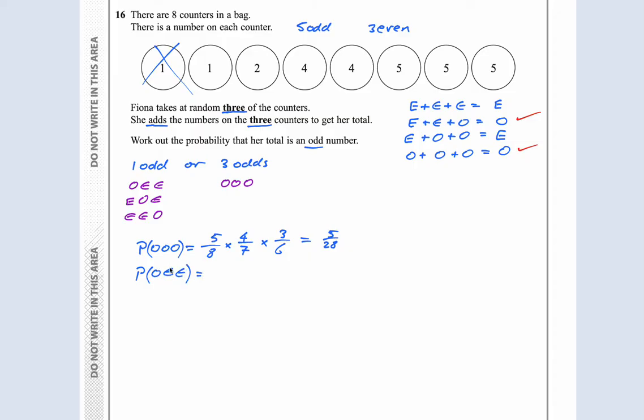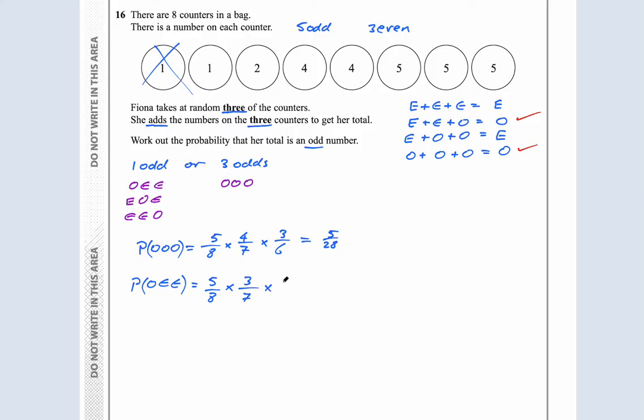So what is the probability I get an odd on the first throw? Well, that's going to be the same as this, 5 out of 8. But now even is different, guys, because there's only 3 evens in total. But there's still 3 left because I've only taken an odd. But it's out of 7 because I've taken an odd, taking this one. There's 3 even, 1, 2, 3 out of 7. 1, 2, 3, 4, 5, 6, 7.